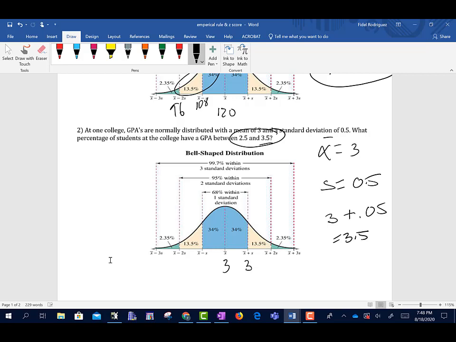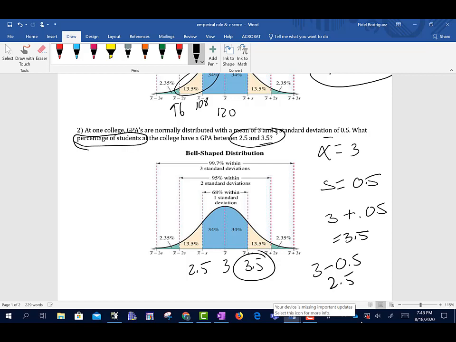If I take 3 and add 0.5, I come up with 3.5. If I take 3 and subtract 0.5, I come up with 2.5. The question asks what percentage of students have a GPA between 2.5 and 3.5. Well, everybody in this range: 34 and 34 is now 68%.